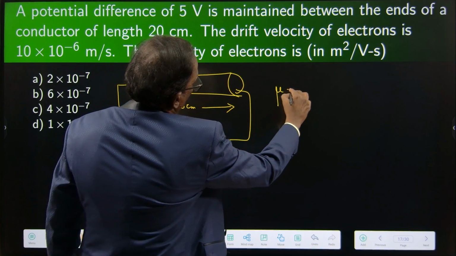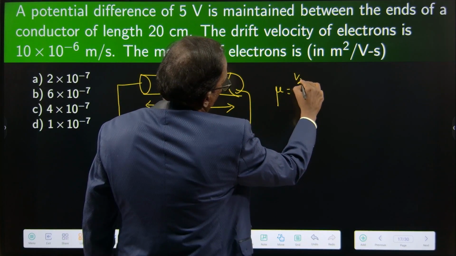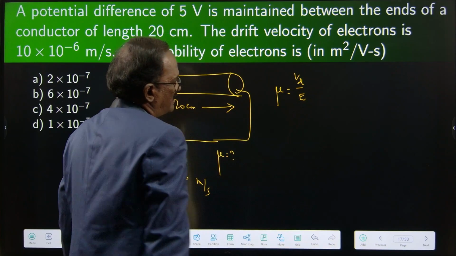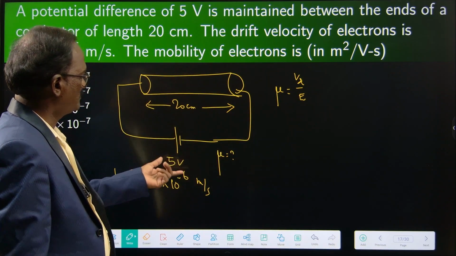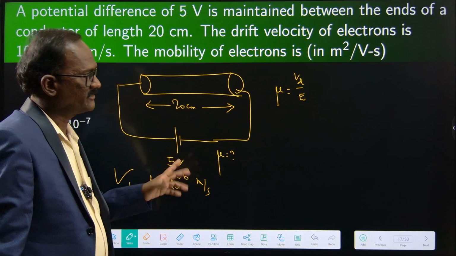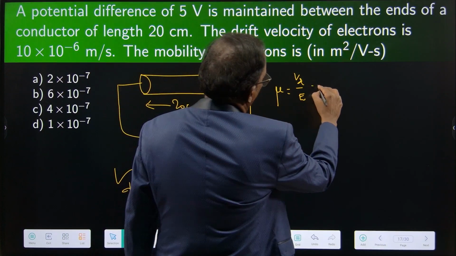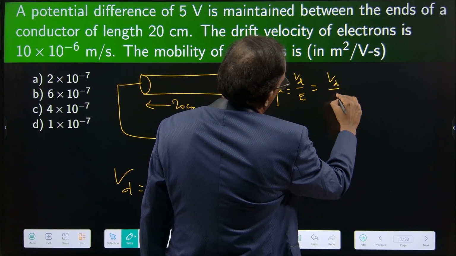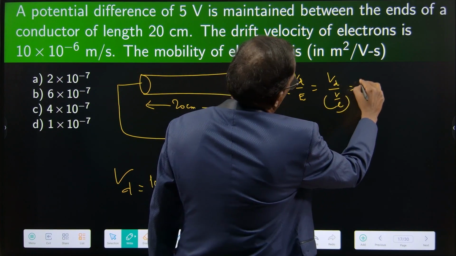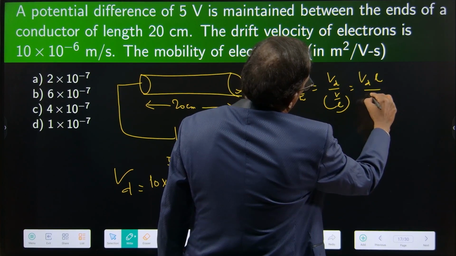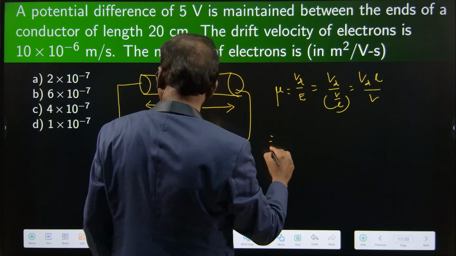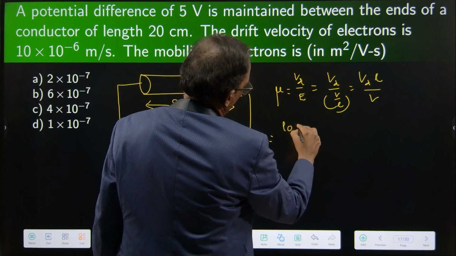The direct formula: mu is equal to Vd by E, and E is V by L. Voltage is available, length is available. So Vd by V by L is equal to VdL by V. Vd is 10 into 10 to the power of minus 6.